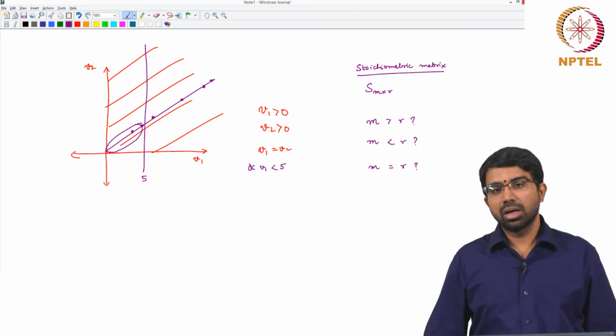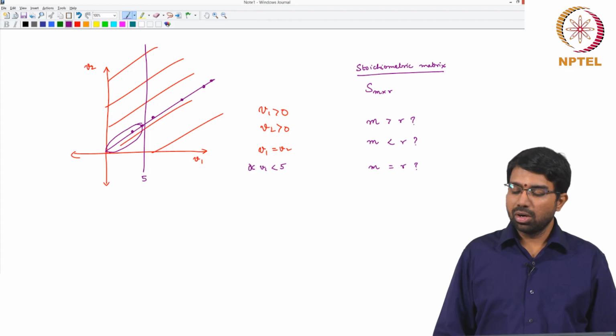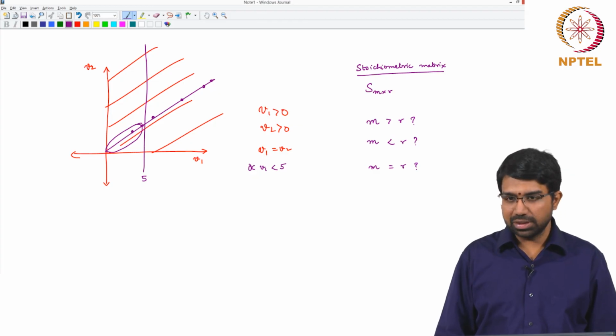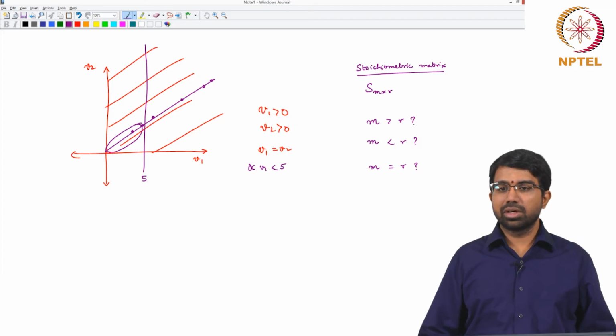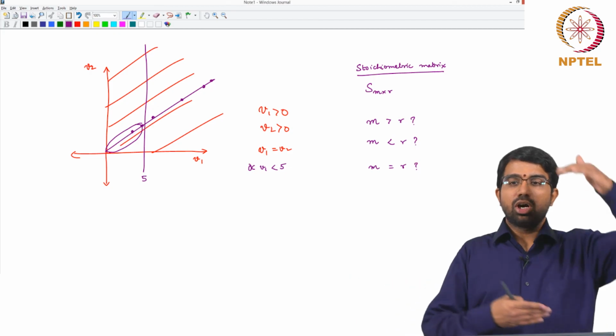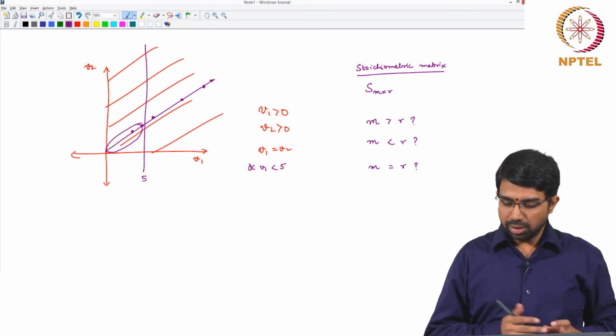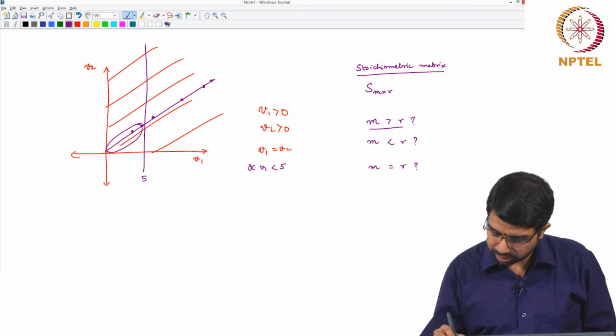Do you usually have more metabolites than reactions, or more reactions than metabolites, or roughly the same number of metabolites and reactions? So are you going to have a square stoichiometric matrix, or a fat stoichiometric matrix, or a tall matrix? Tall, that would mean this.